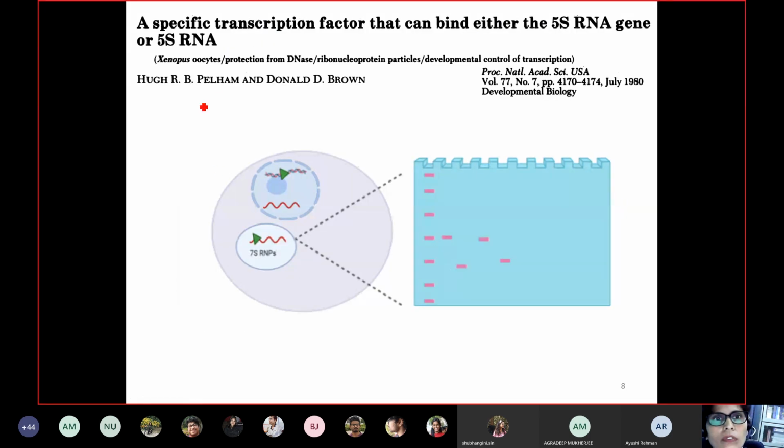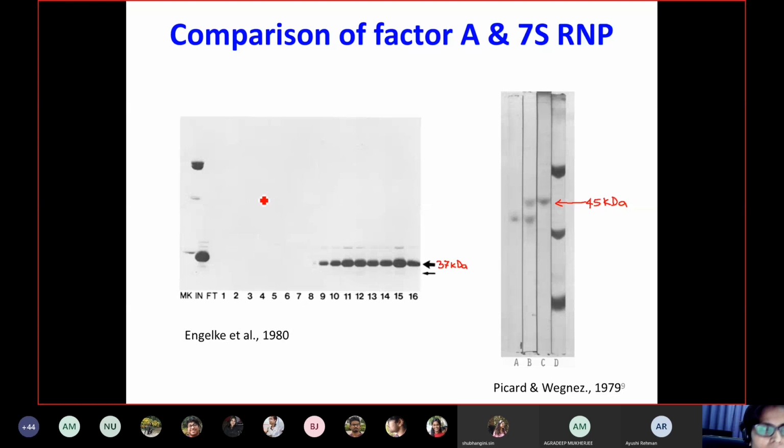Pelham and Brown still thought that this molecule, shown here as the RS molecule, is equivalent to the 5S molecule that binds to 5S DNA. So they performed several experiments and proved further that these two molecules are indeed the same transcription factor, which binds to 5S DNA.